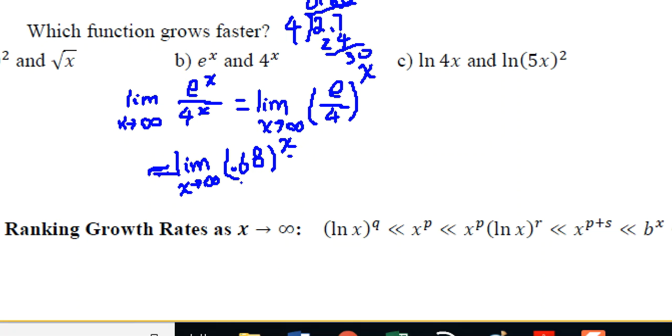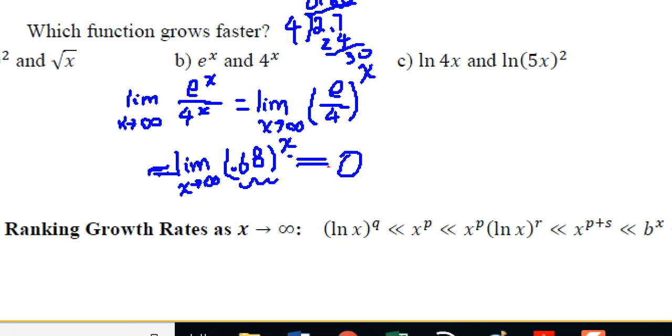A decimal, if you multiply it many times, just gets smaller and smaller. So you know this is approaching 0.